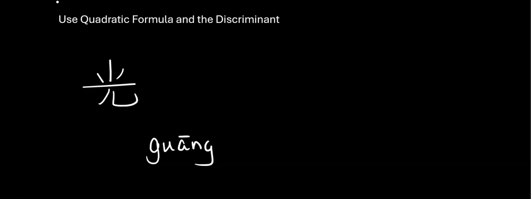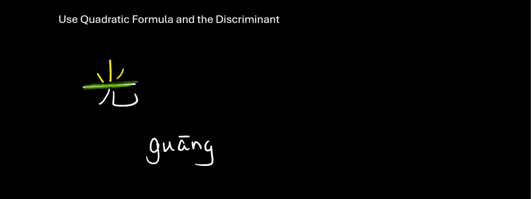Before we get started, let us look at this amazing word that tells us the truth from the Bible. This is a Chinese word that says light. If you want to know how to read it, it's 光. As you can see, the top is sunlight, and this is the horizon.